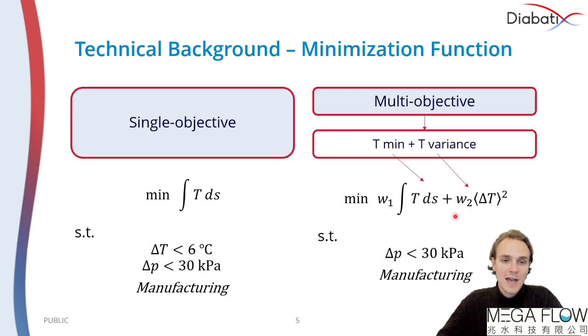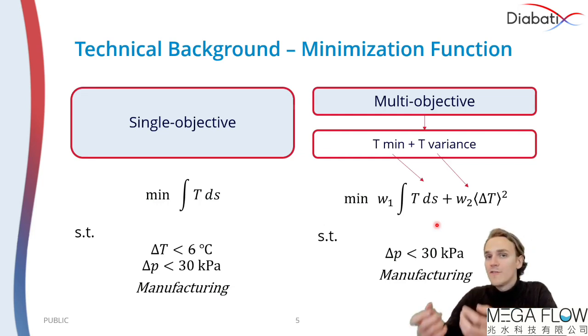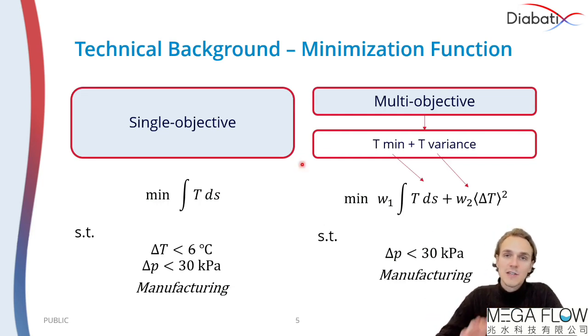So now we have two weighting factors, W1 and W2, and these weighting factors can actually be clearly identified in ColdStream, and I will show you that once we get to the platform. And then along with these objective statements, you also have fixed value constraints. So when setting objectives, you always have to keep in mind, what am I minimizing for and what are fixed value constraints, to basically group them into these two groups.